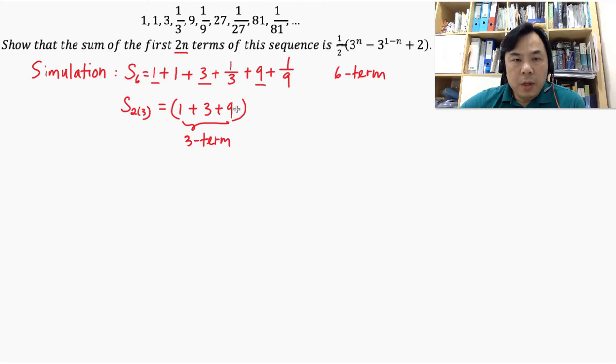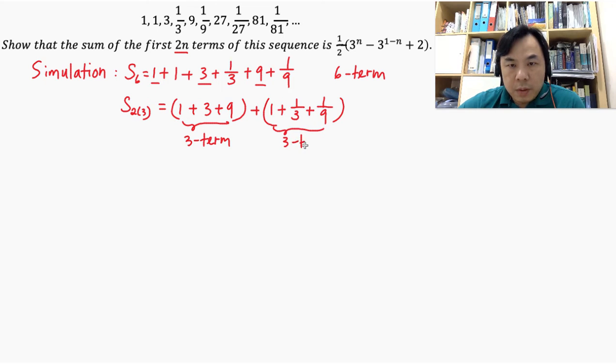Not only that, because we need to sum up this series, we still have a 1 here, then 1 over 3, and then 1 over 9. There are another 3 terms here. So in total, we are summing up 6 terms.